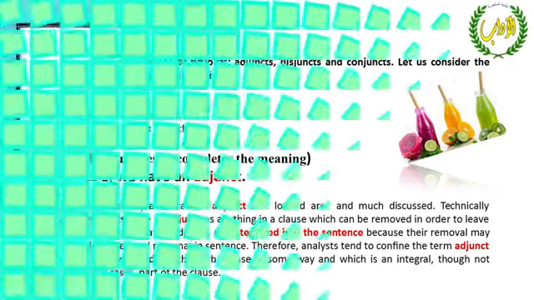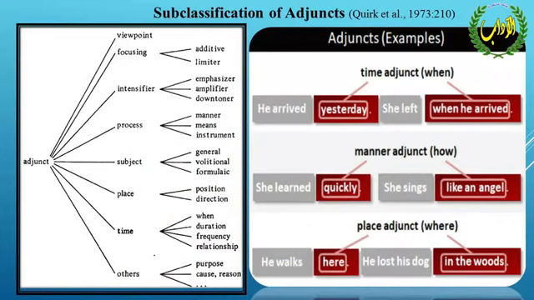For the subclassifications of adjuncts, as in Quirk et al. 1973, page 210, we have the following.